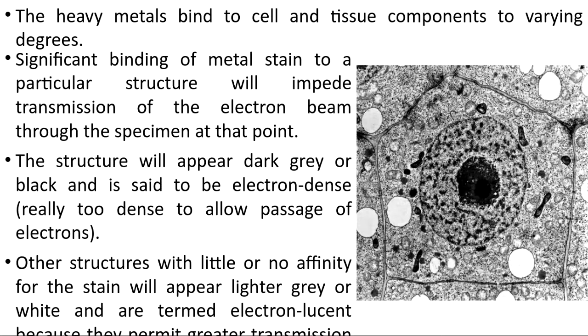So if you see on the right hand side, there is an image showing the arrangement of a cell. The structure will appear dark gray or black, right? It is said to be electron dense. Or sometimes lighter gray also you will see. So this is the color you see.